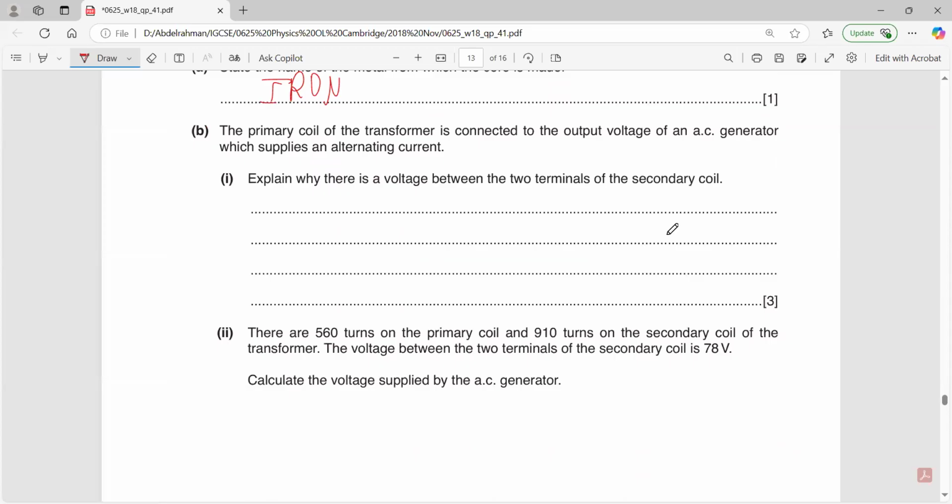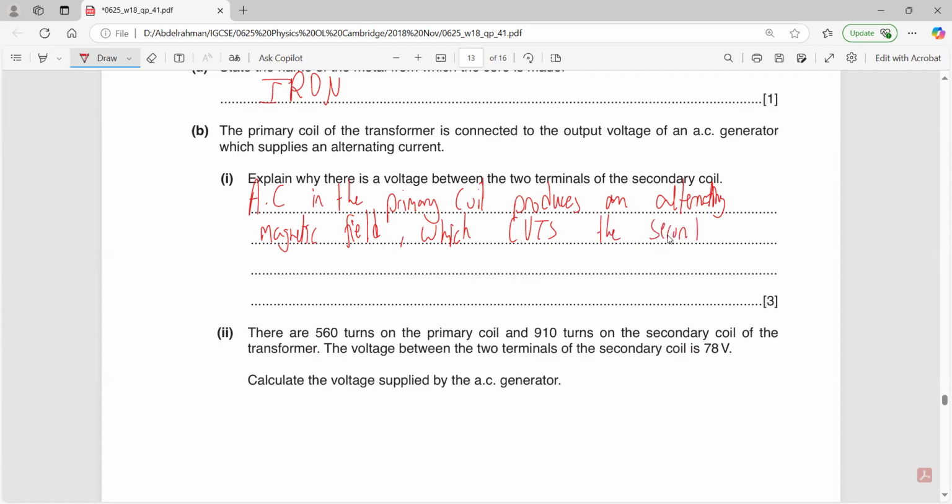First of all, the alternating current in the primary coil produces an alternating magnetic field, which you have to say cuts the secondary coil, producing an alternating induced EMF.